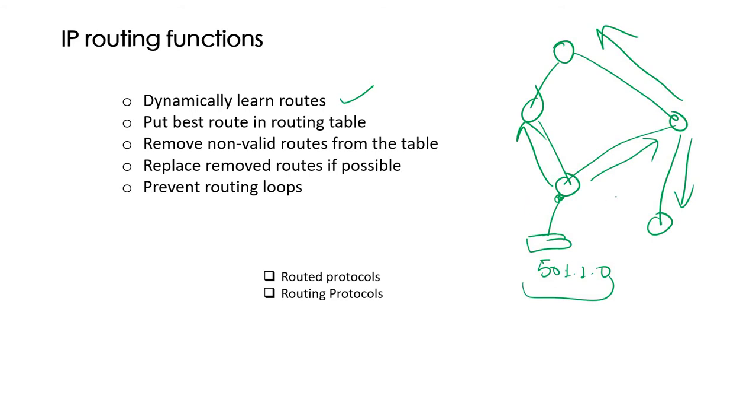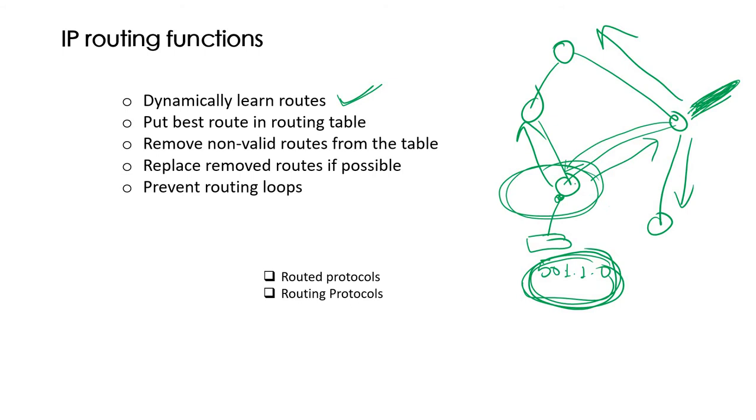Now all the routers are aware that 50.1.0 is connected via this router. Whenever anyone gets a ping request or communication request for that IP, they forward the packet towards it. If you use static routes, then whenever a new network comes in, you have to manually define static routes on all routers. That is a tedious job and we don't prefer it, so there is the concept of dynamic routes.